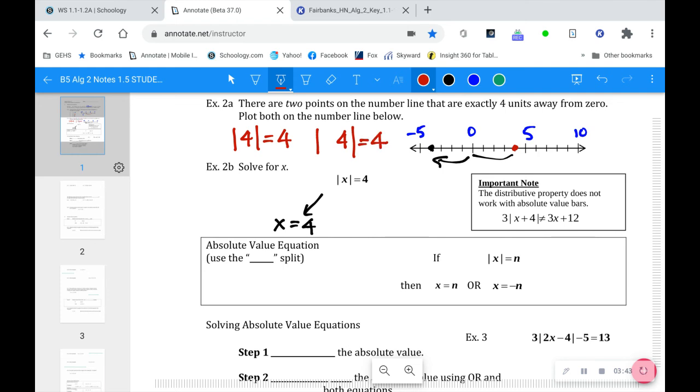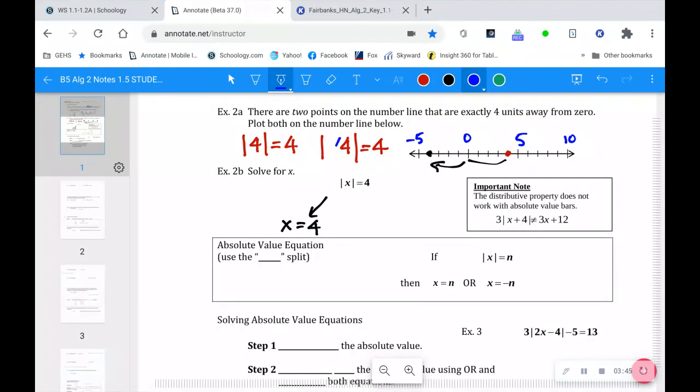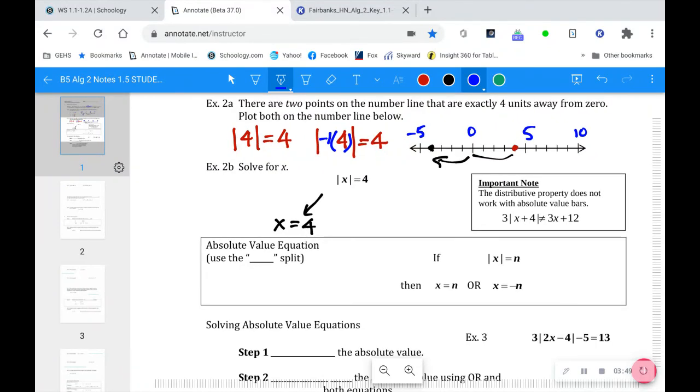There's what I had, and if I multiply this number by -1, you'll see I get a -4 in there. And -4 also has an absolute value of 4. So I can either put the value of x, or I can multiply it by -1 in there, and I'll get two separate values. This here is -4.